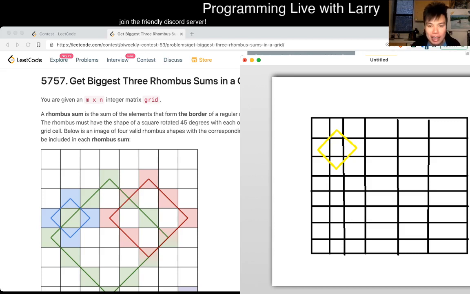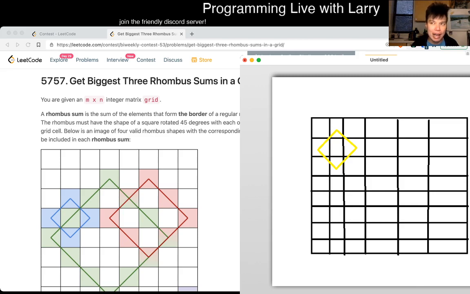So basically, if you look at this square, there are four lines, so there are four components. What you can do is pre-calculate all the prefix sums, or just the sums before, right?